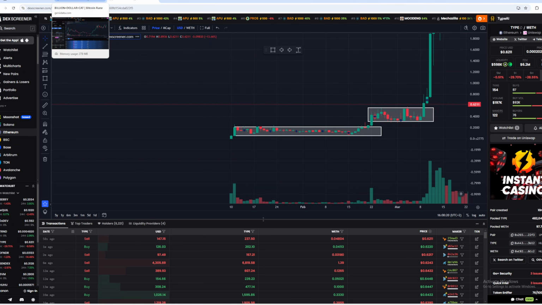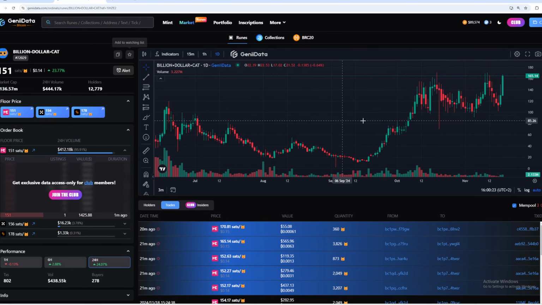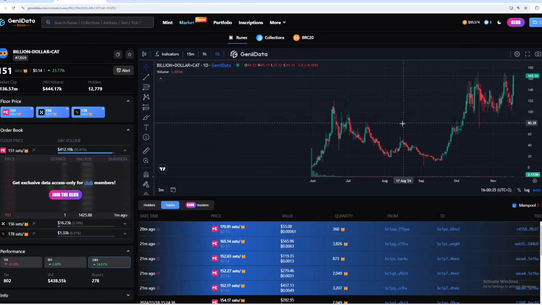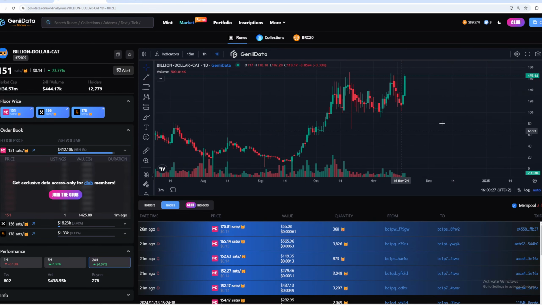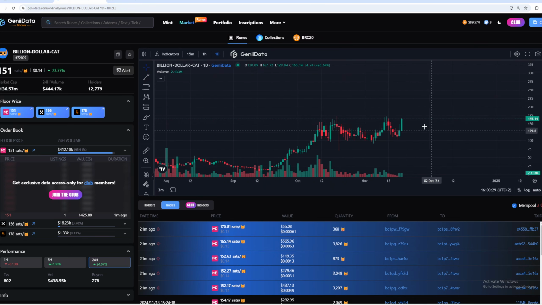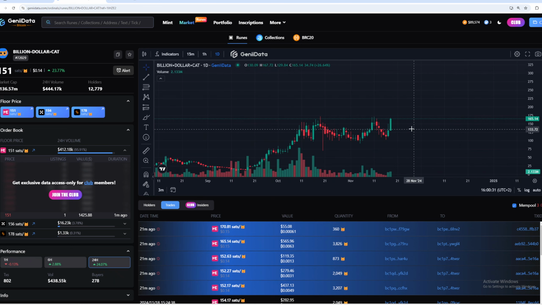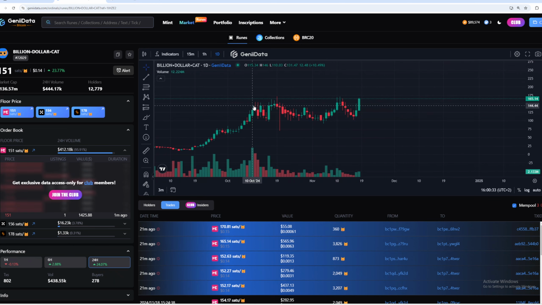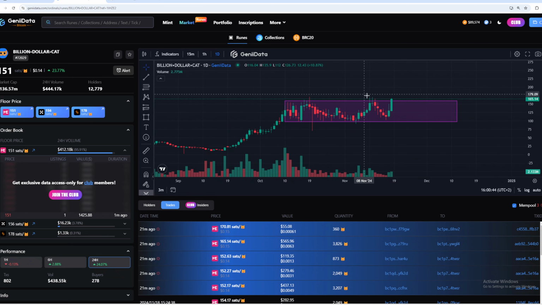The same is currently happening with runes, and this specific one is the latest one that I'm looking at. It's a $1 billion CAD breakout, pretty much an all-time high breakout and accumulation, because you could see this took a while, a couple of months to develop, but you could see this area right here again. And I can bet that this will be a very clean breakout, unless there's something that could lead to a failed breakout.